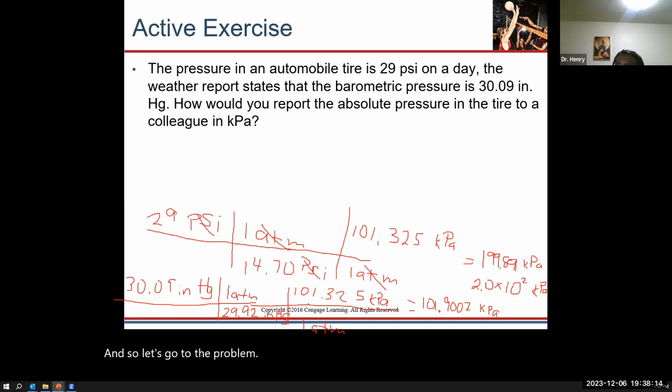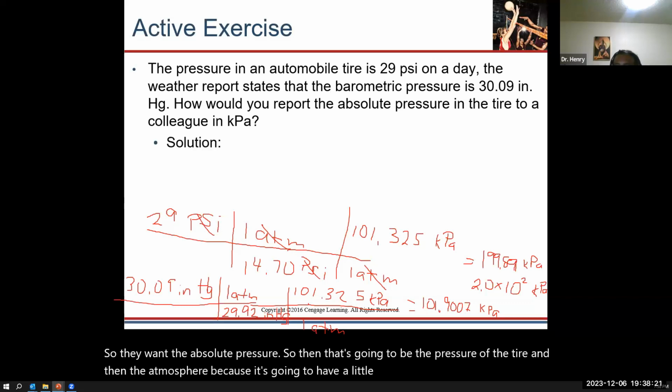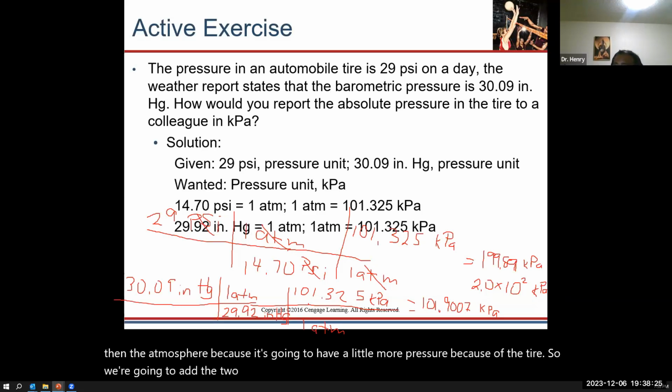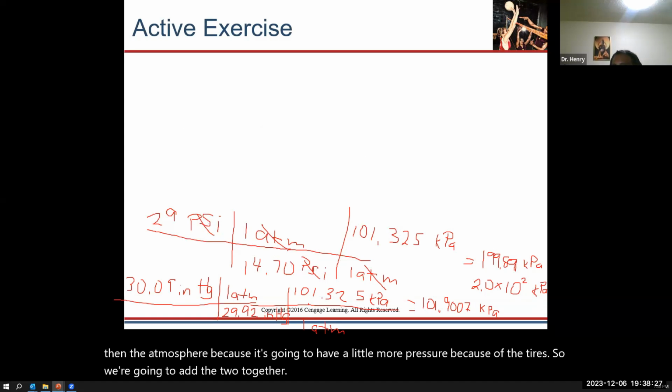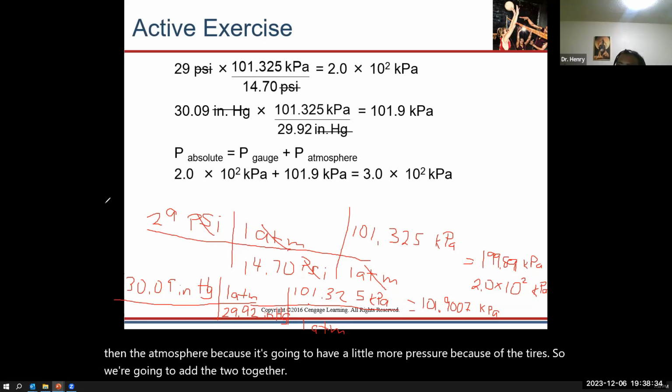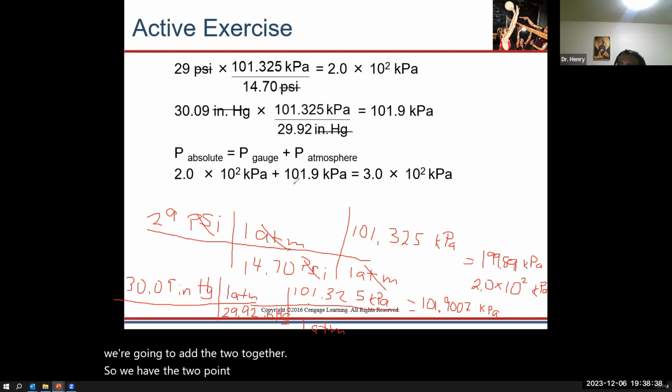So they want the absolute pressure. So then that's going to be the pressure of the tire and then the atmosphere, because it's going to have a little more pressure because of the tire. So we're going to add the 2 together. We have the 2.0 times 10 to the second power and the 101.9.